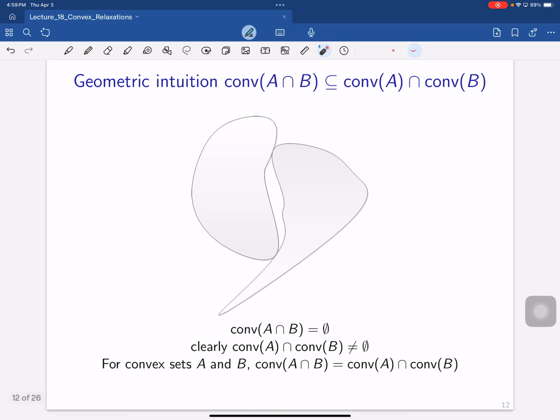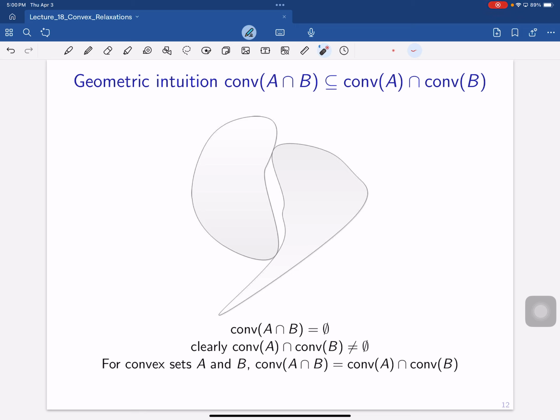But I want to give you some intuition why this is the case, right? So now let's consider two sets. These two sets are both non-convex, right? Now, if you consider the convex hull of the intersection, right? Suppose we intersect set A with set B, and they supposedly have a zero intersection, like they barely don't touch each other.